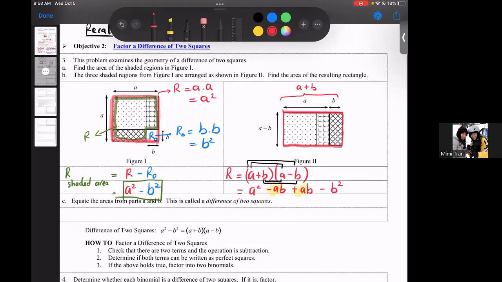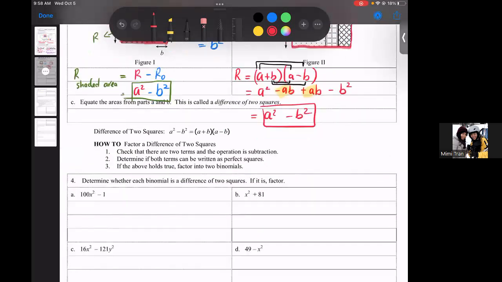All you have left is a squared minus b squared. And it is true: a squared minus b squared is equal to this. So on exam 1, I think you were given this, and the answer should be this. On exam 2, you get this, the answer should be that. Reverse engineering.